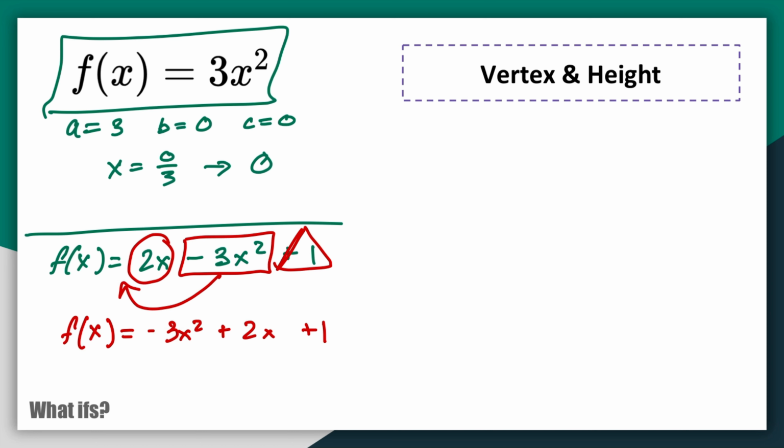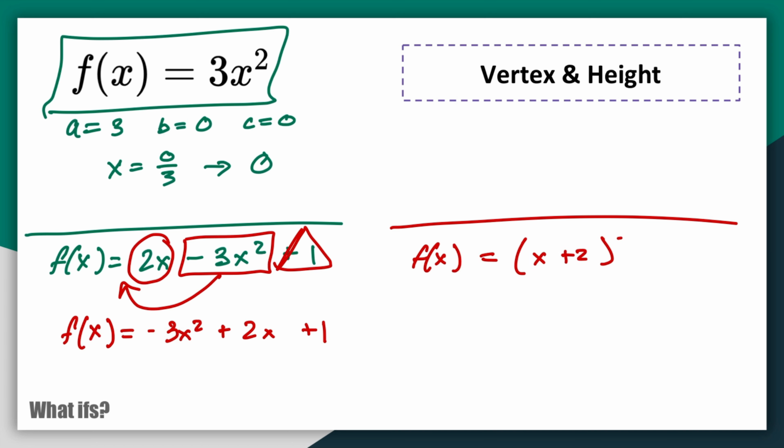I know I have this vertex and height mark here, but I'm actually going to make another example. If I had something in vertex form like this, (x plus 2) squared plus 1, there's no reason why I can't put that in standard form. If I have (x plus 2) squared, that means I have (x plus 2) times (x plus 2) plus 1. Maybe you've seen this before, but then you can use FOIL. You multiply all the way across.